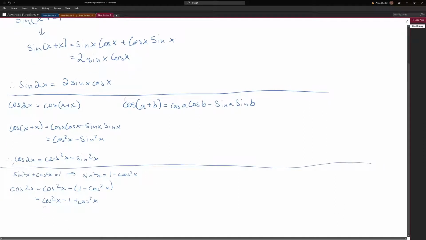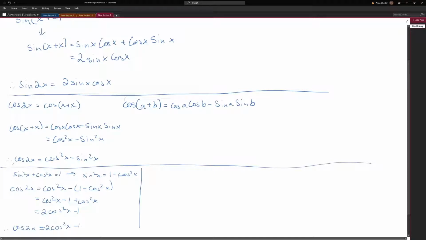Now we could group these two together and we get 2 cos squared x minus 1. This is our second variation of the double angle formula for cos. So cos of 2x is equal to 2 cos squared x minus 1.